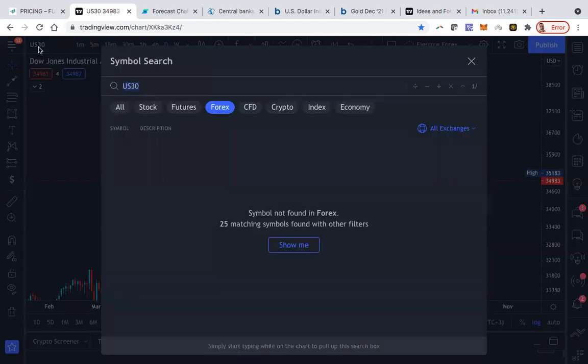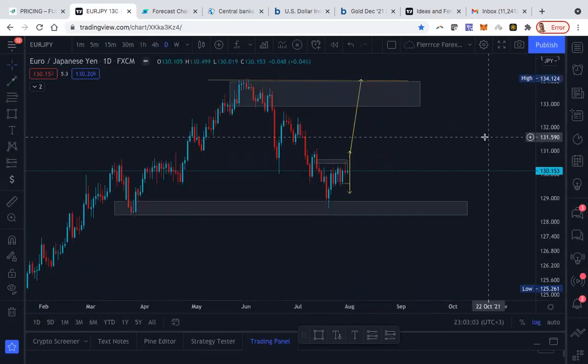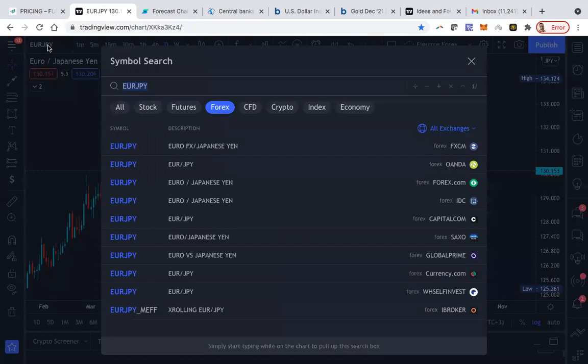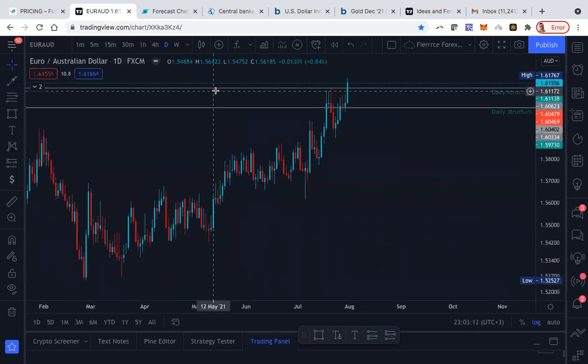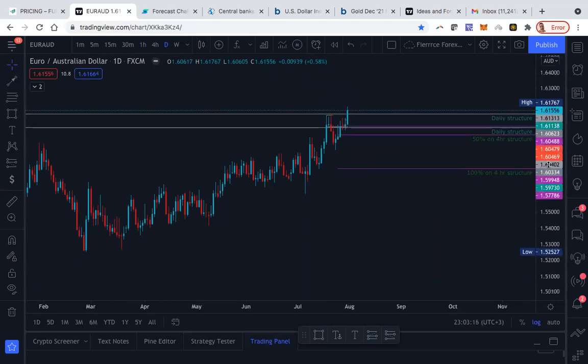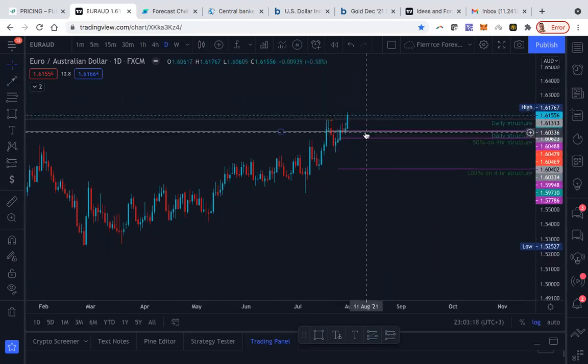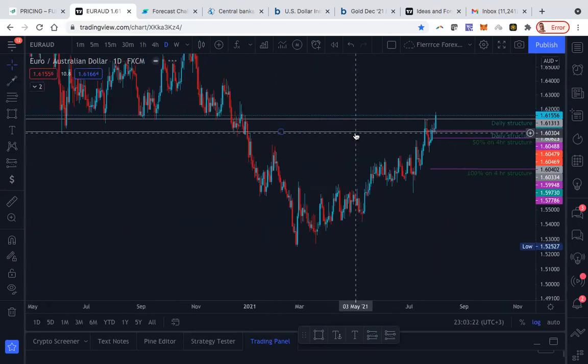So I think that's basically what I'm seeing. Okay, let me just look at Euro JPY once more. Yeah, that's what I'm looking at. Euro AUD. Euro AUD, we may just continue shifting upside, just because of this really strong bullish candle.